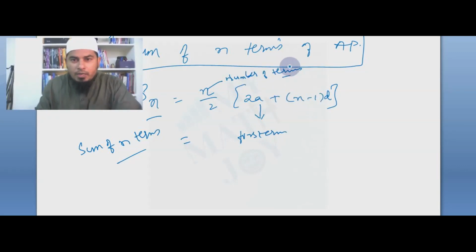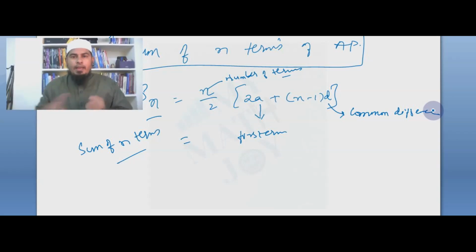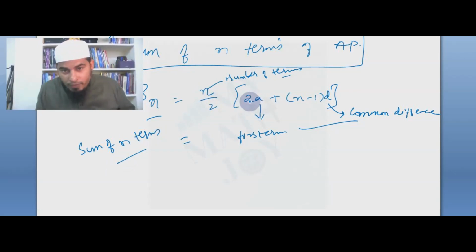Again n is the number of terms, and d is the common difference. Whatever we used in our nth term formula is here. Just Sn is the sum of n terms, an extra term. N by 2 times is extra, and in the place of a we get 2a. Please remember n by 2 into 2a plus n minus 1 into d.